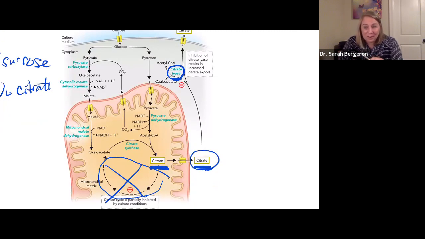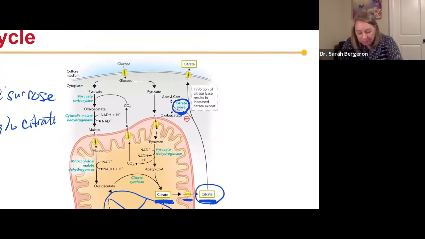The conditions the mold are in are just inhibited. And then you select for strains that have a high expression rate of this pump that will actually pump citrate out of the mitochondrial matrix, and then it will also export it out of the cell.